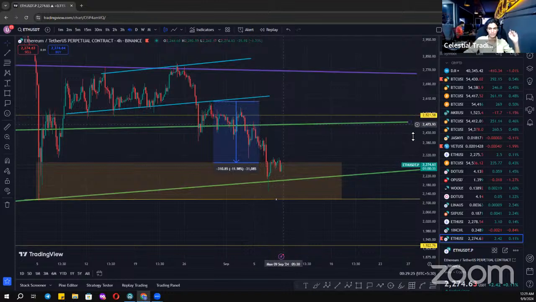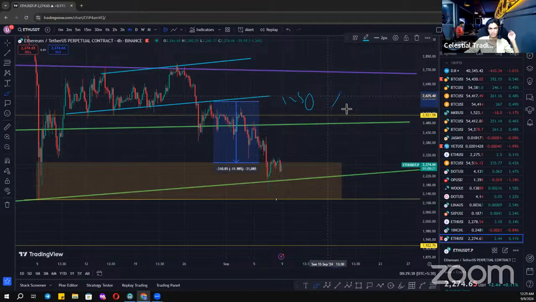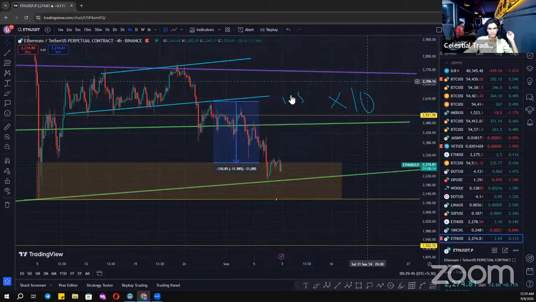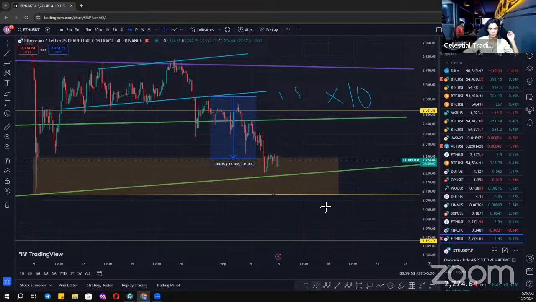If they were using full leverage on Binance, which is 125, 125 into 10.